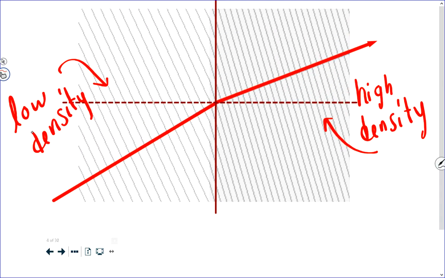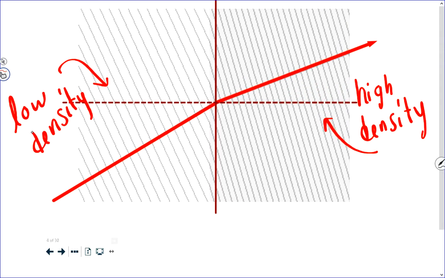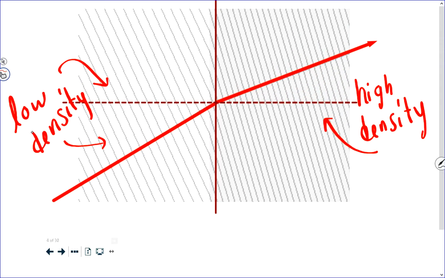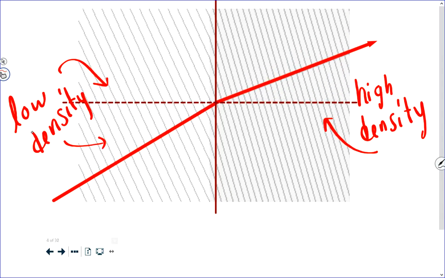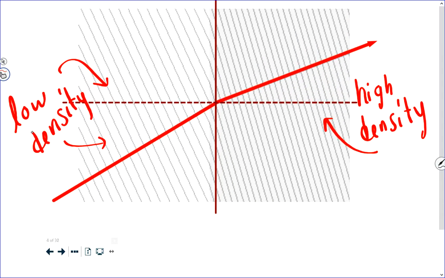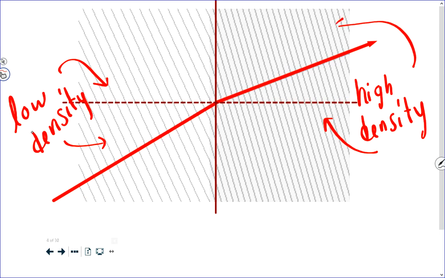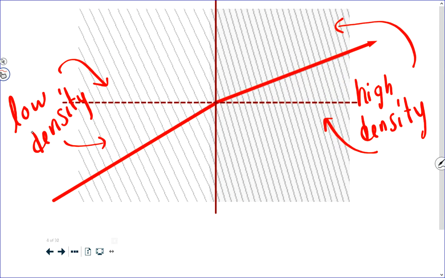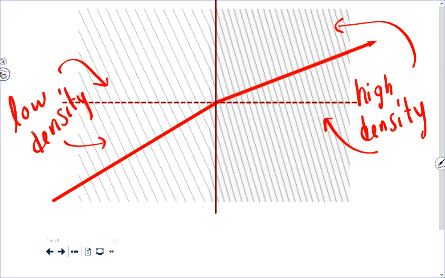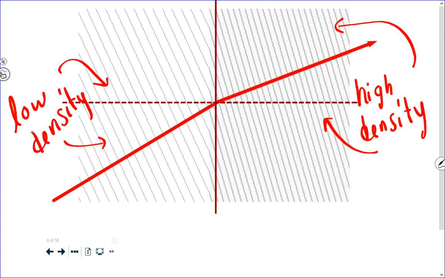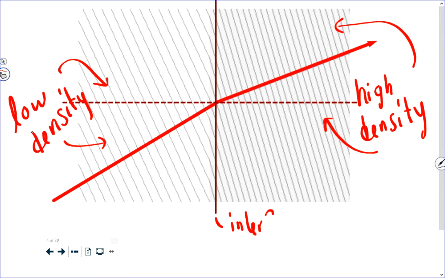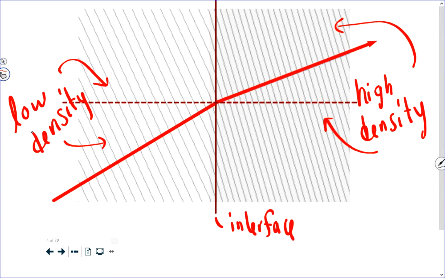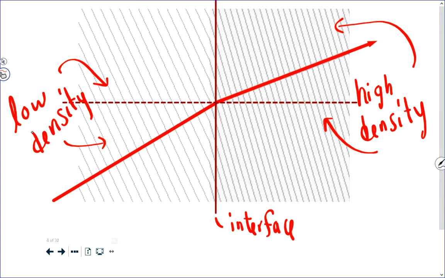And by the way, where the arrows are pointing, the low density is anything to the left of that solid line. And the high density is anything to the right of that vertical solid line. That solid line, by the way, is called the interface. And it's sometimes referred to as the boundary.